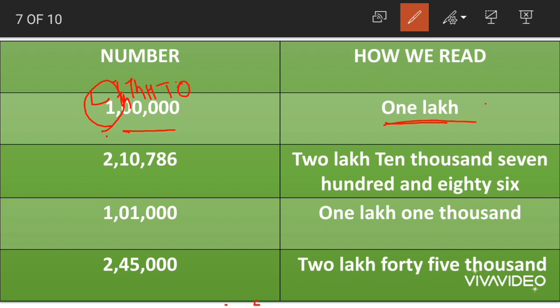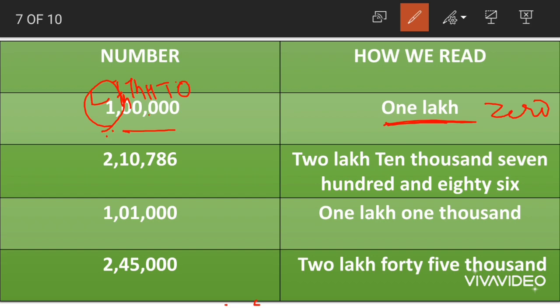So we will read it as 1 lakh. We won't say 1 lakh 0, because 0 has no importance here. So the place value becomes 1 lakh and we read it as 1 lakh.